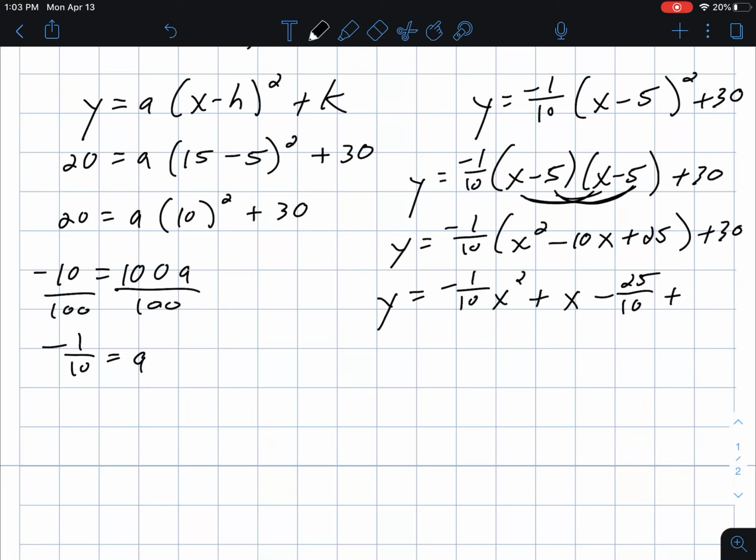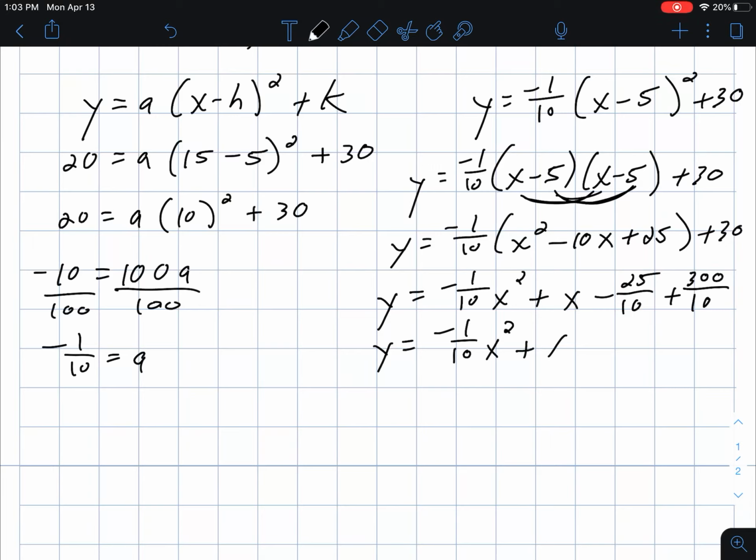Now, since I know I'm going to have to add that 30, and I know I'm going to need a common denominator of 10, I just want to make that 300 over 10. Clean it up a little bit from there. That's going to give me 200, and one of those should be a plus there, sorry.